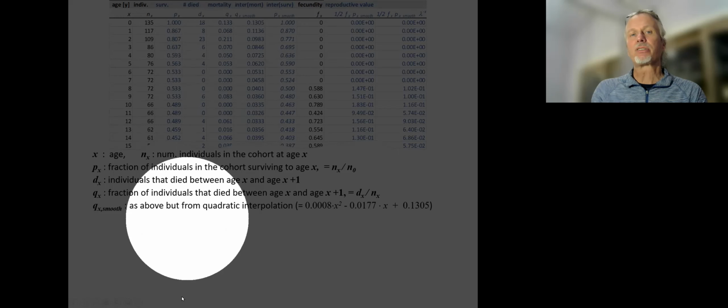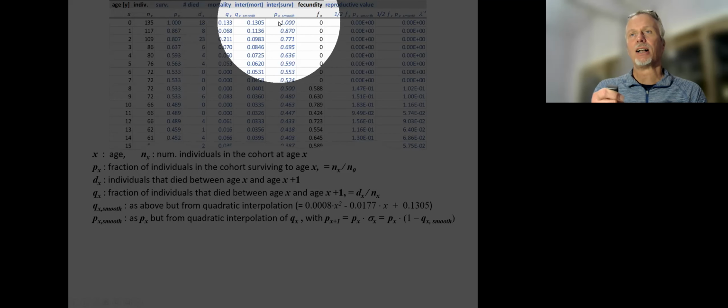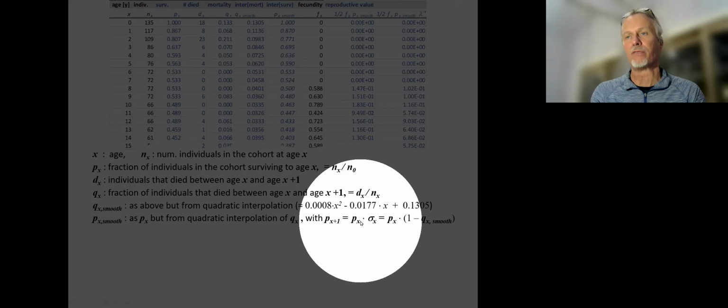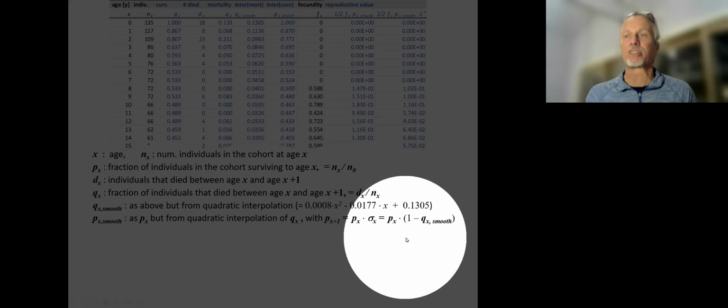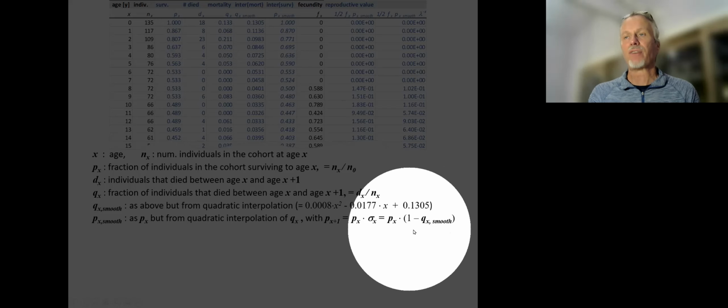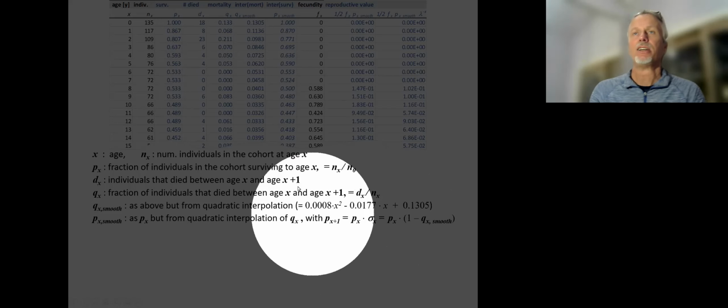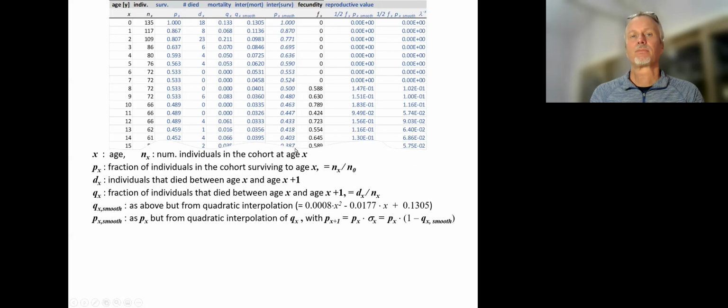And then I use this information to recompute P of X on the basis of the interpolating value, which is reported here, because P of X plus 1 is equal to P of X times sigma X, and sigma X, which is the fraction of individuals surviving from age X to age X plus 1, is nothing else than 1 minus QX smooth, so the fraction of individuals that are not dying during the time interval. So I can compute this one.